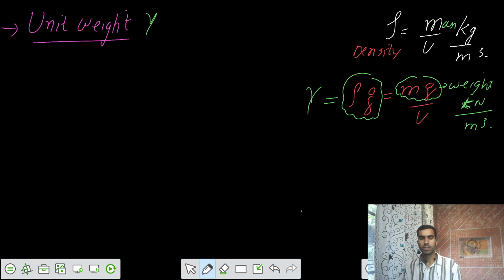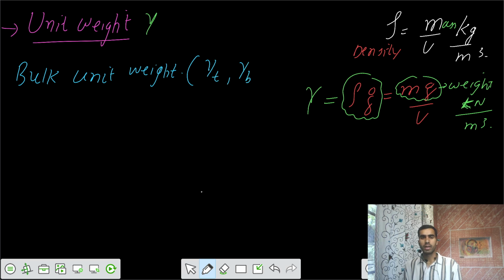We have different names for that unit weight. Let's go through those different names. First one, we call it bulk unit weight. Sometimes we write it as gamma t, and sometimes as gamma bulk.